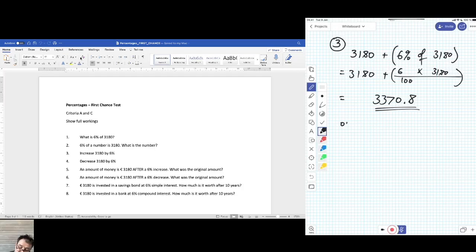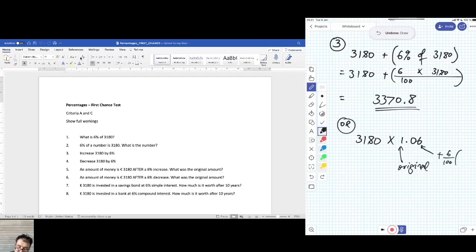A quicker way to do that is just to say 3180 times 1.06, because the 1 gives you your original amount, the 3180 times 1, and then the 0.06 gives you an extra 6/100ths, which is the same as 6%.